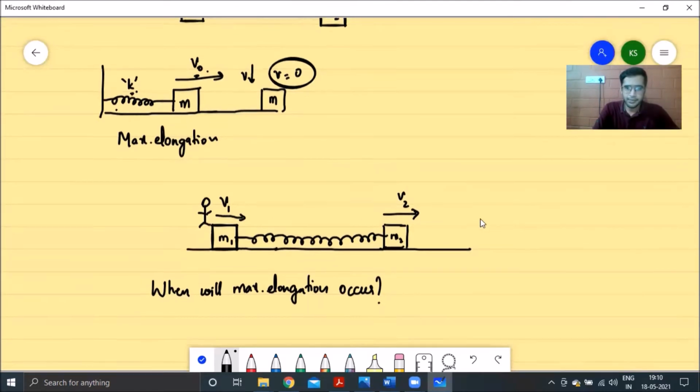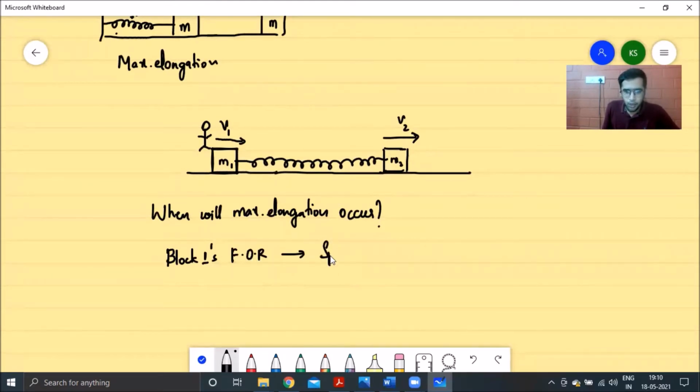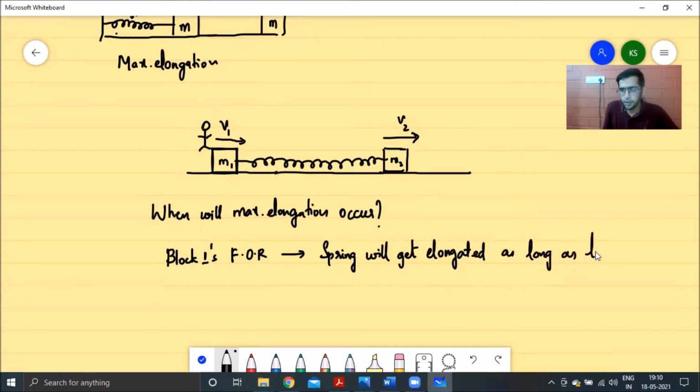So here we'll say that if I'm observing this problem from block 1's frame of reference, the spring will get elongated as long as block 2 moves away from block 1.